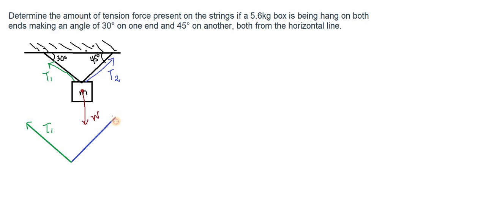And we have here the weight. The weight is directed downward, or towards the center of the earth, of course. So this is the weight, and this is T2. Here's your free body diagram.